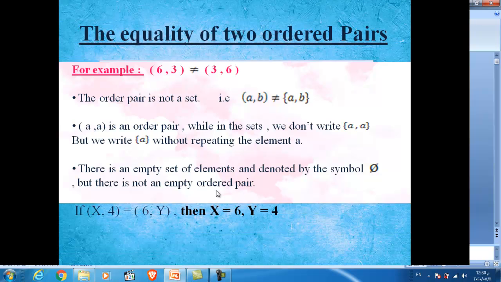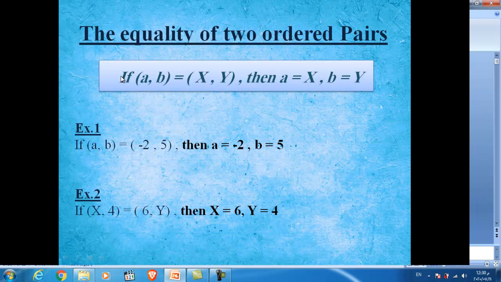Okay, the equality of two ordered pairs. If (A, B) equals (x, y), then A equals x and B equals y. So first equals first and second equals second.